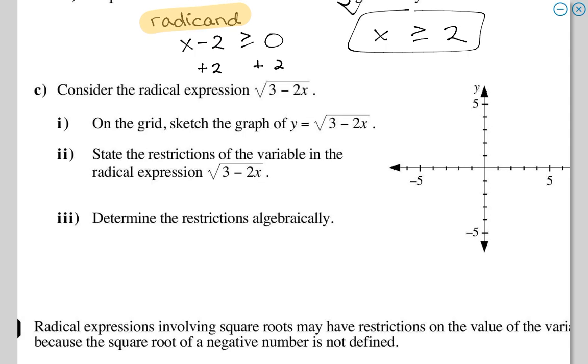So C triple I, the radicand has to be greater or equal 0, because you can't square root a negative. The radicand in this case is 3 take away 2x.